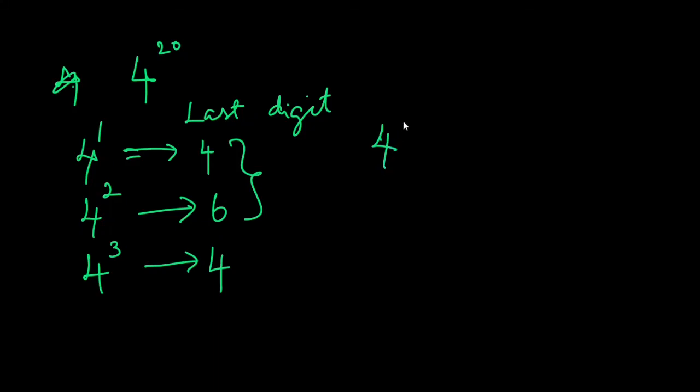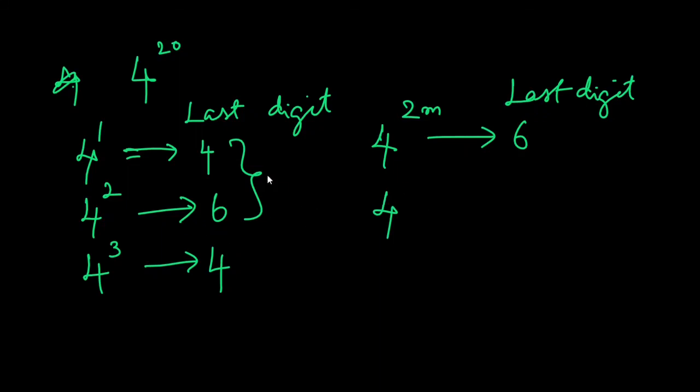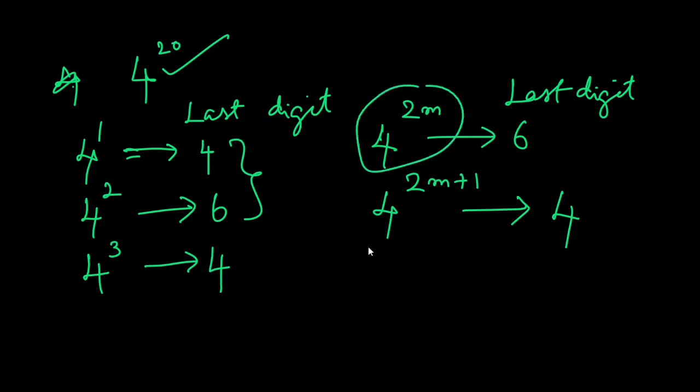If it is in the form of 4 power 2m, we get the last digit as 6. If the given power is 4 power 2m plus 1, we get the last digit 4. So whatever it is asked, 4 power 20 is in this form, so we get last digit as 6.